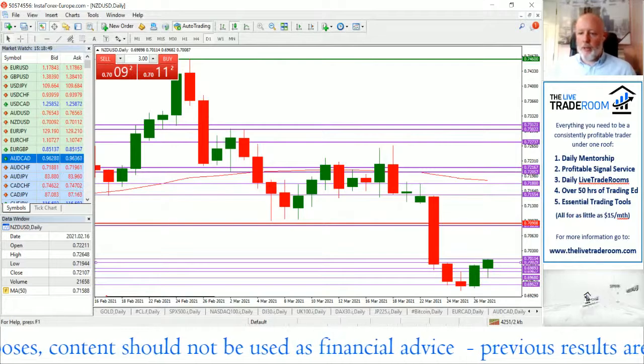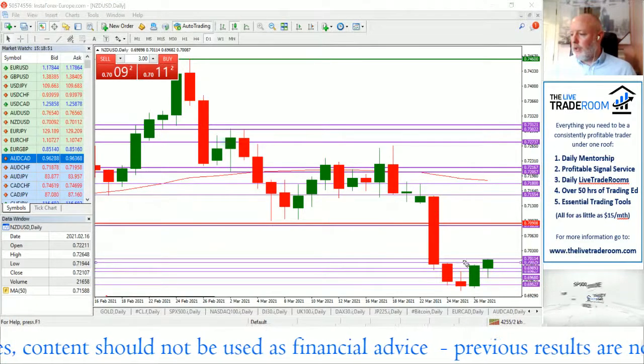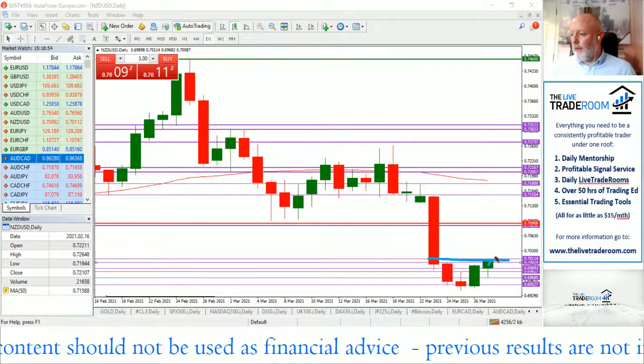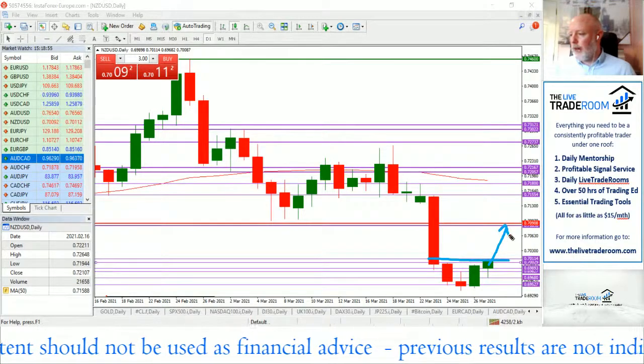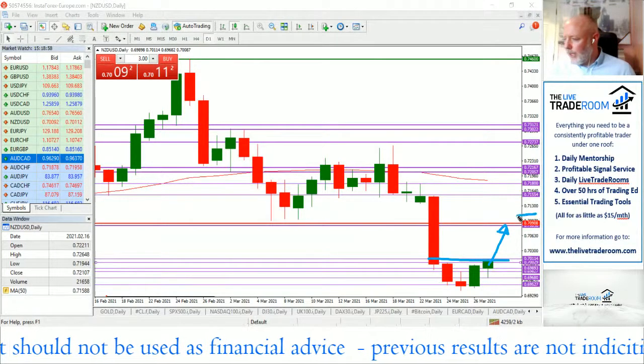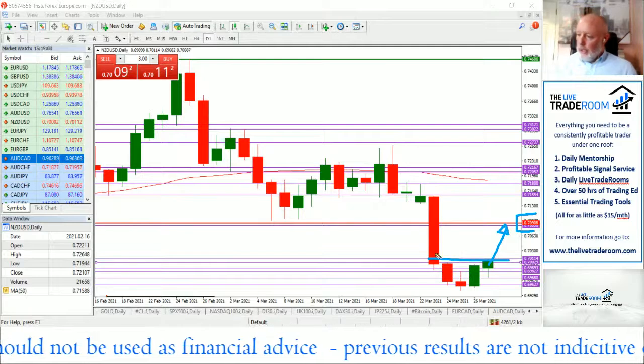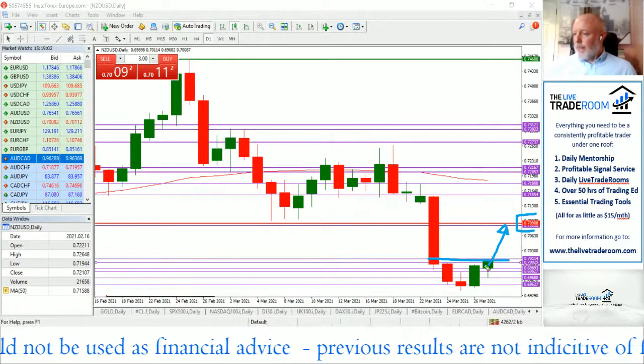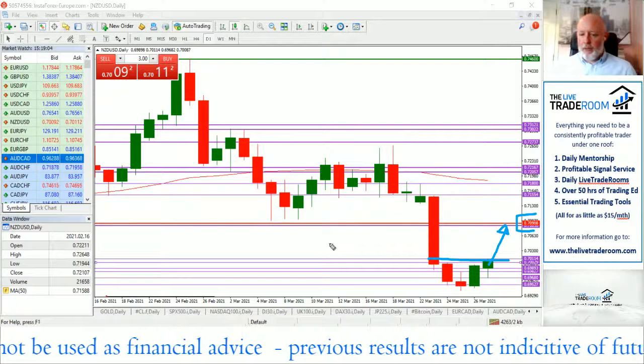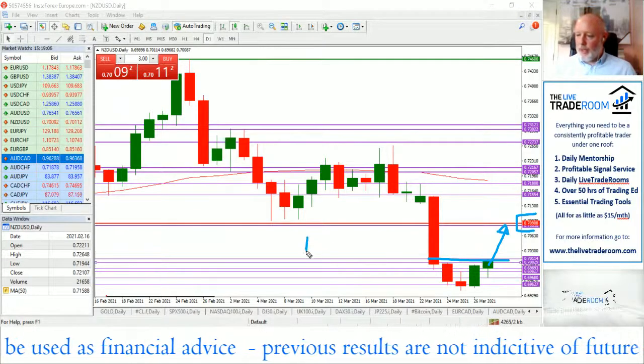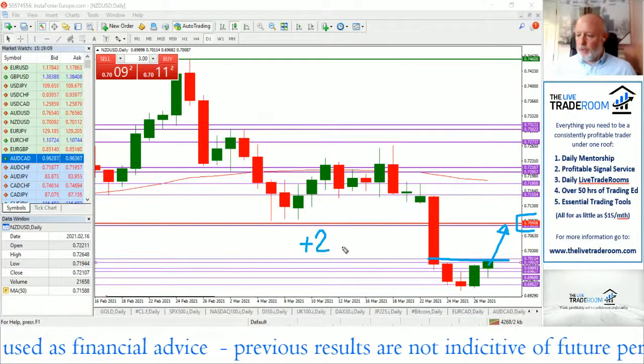It'd be a fairly short-term buy trade up to the 70.90 levels. So 90 pips to the upside, 40, 45 pips stop loss. You're talking about a positive risk reward of 2 to 1.